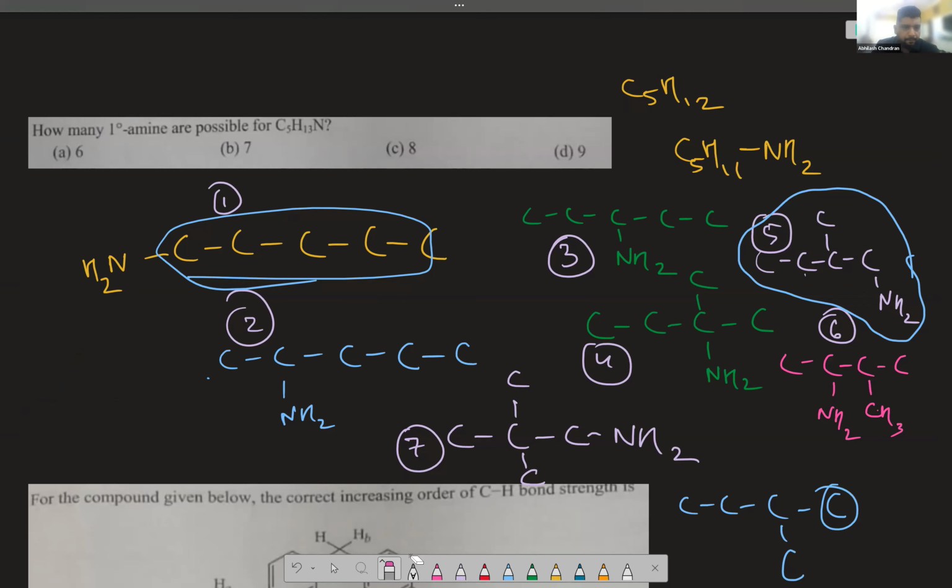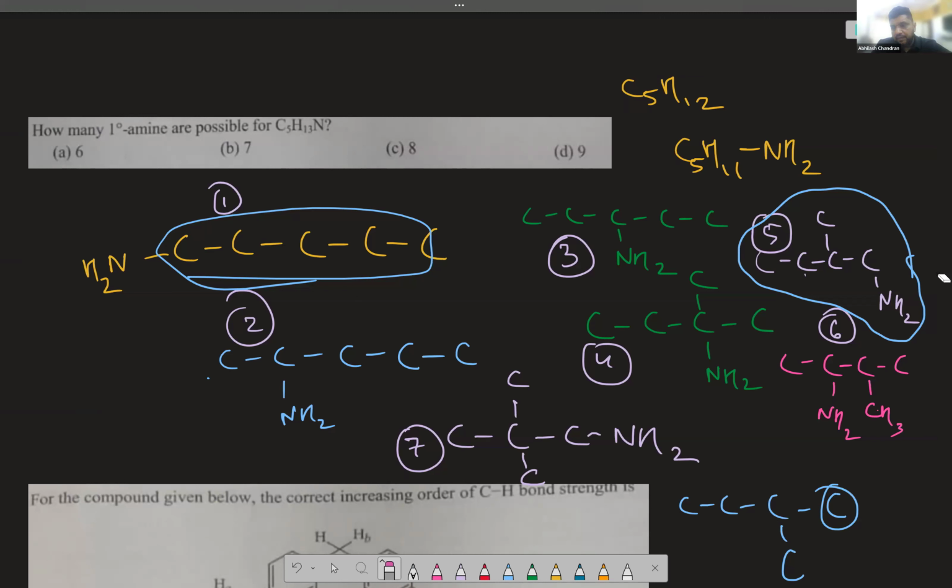What else is there? So we have 6, 7, 8, and 9. We have already seen 7, right? Primary amine is what I need as well. So on the terminal one, on the second one, on the third one, butyl, just confirming that there is nothing else out here.